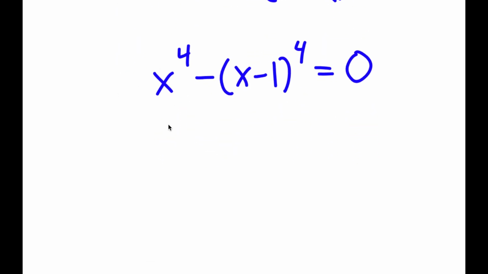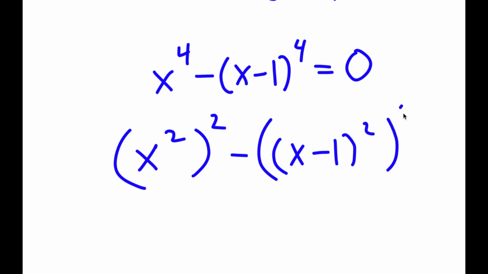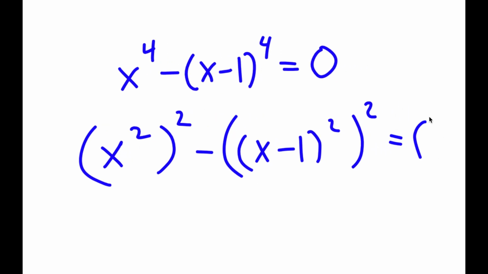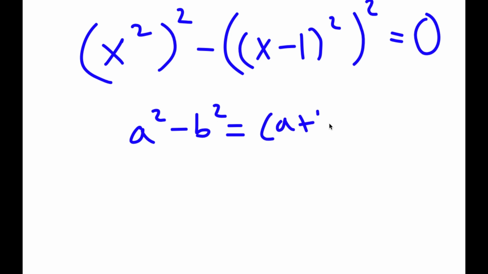Now, x to the power of 4, that's the same thing as x squared to the power of 2. And x minus 1 to the power of 4, that's the same thing as x minus 1 squared to the power of 2. So now this is equal to 0. Now, if I have something in the form a squared minus b squared, this is equal to a plus b times a minus b.